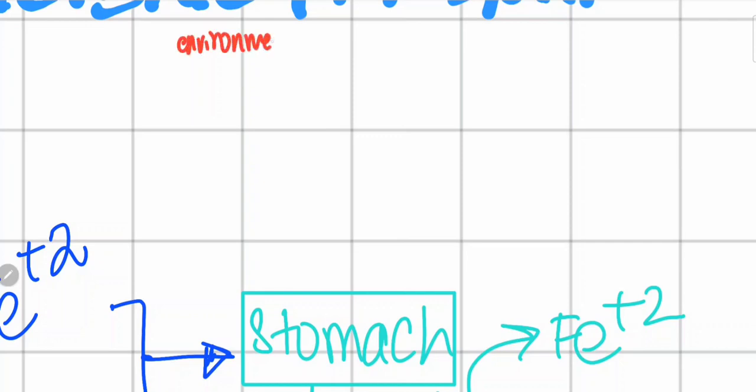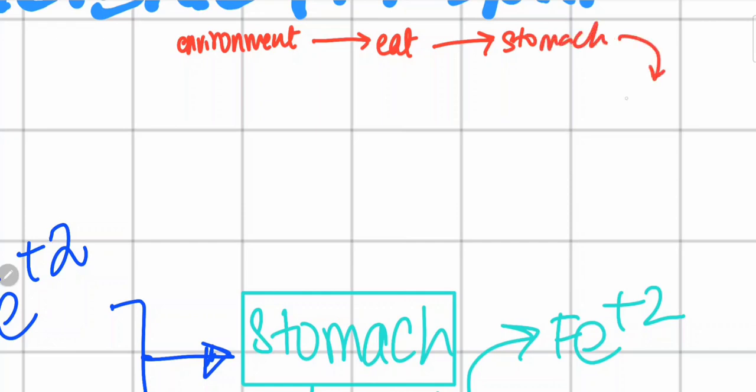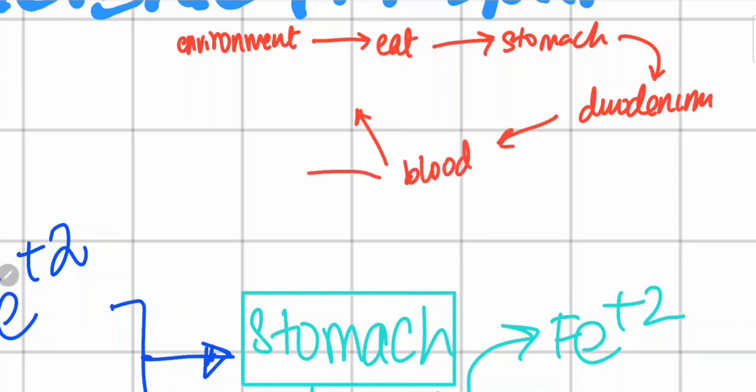Okay, we take iron from the environment and then we eat it, right? And then it goes to our stomach. Then from our stomach it is gonna go to our duodenum, and from the duodenum it is going to get absorbed into the blood, and from the blood it is going to be transported to different locations, distributed.